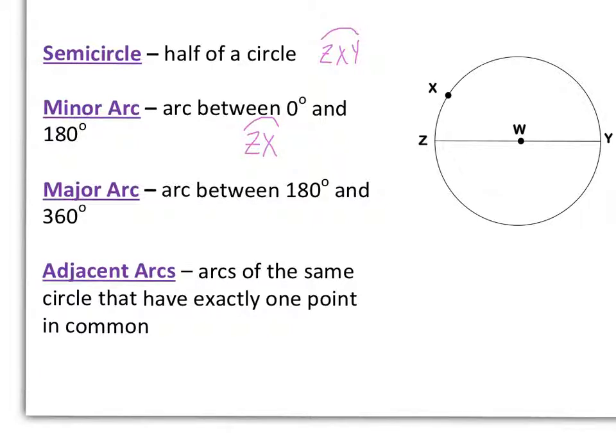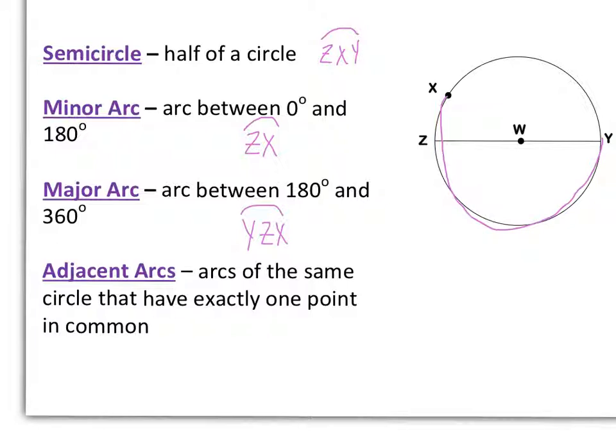A major arc is an arc between 180 degrees and 360 degrees. So I can say that's arc YZX. Notice how I used 3 letters to say I went from Y to Z to X. So I went that way around the circle as opposed to going Y, X, Z.